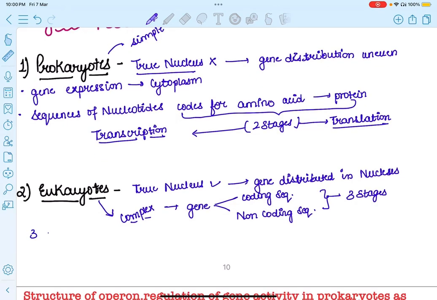And these three stages are what? Transcription, processing, and then translation.